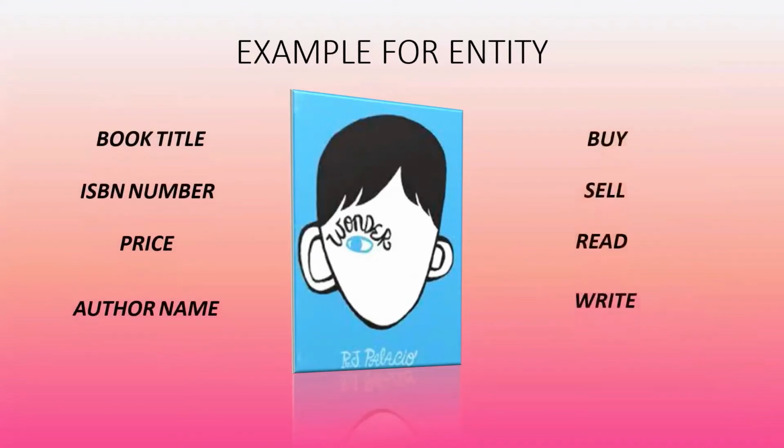It also has common behaviors, which may be common to other books or may not be common, such as buying, selling, reading, and writing. These can be represented as functions in Java, while the attributes are represented as instance variables or data members.